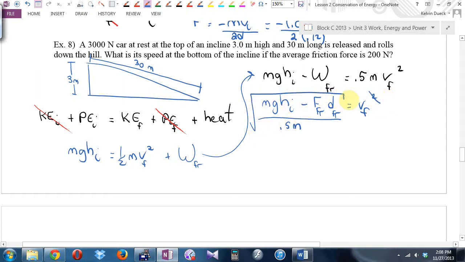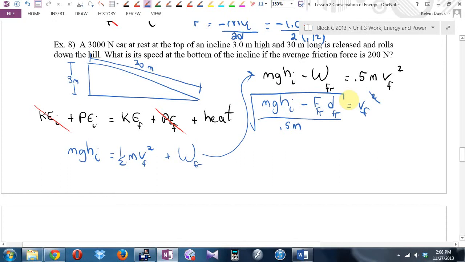Okay. Let's double check. Do I know m? No. What did they give me instead of the mass? They gave me mg. So instead of saying, do I know m, do I know mg? Yeah, 3,000. Do I know height initial? 3. Do I know friction? Yeah.